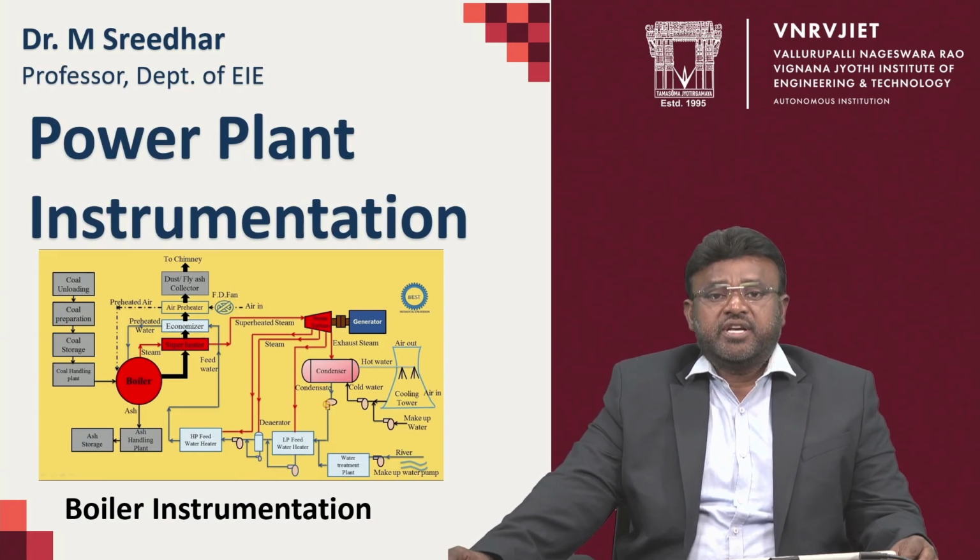The boiler instrumentation particularly consists of a water drum, and in addition to the water drum, we have the feed water lines, steam output lines, superheater systems, and fuel handling sections. Like this, the power plant has different sections.